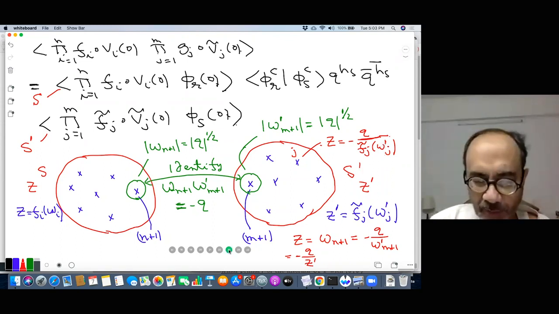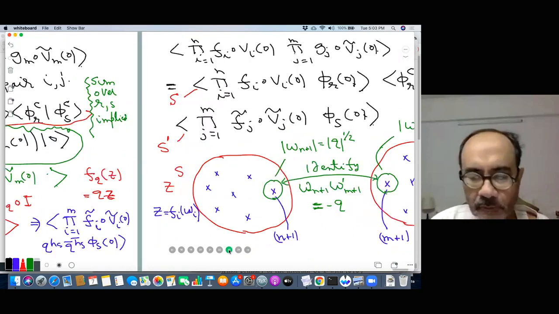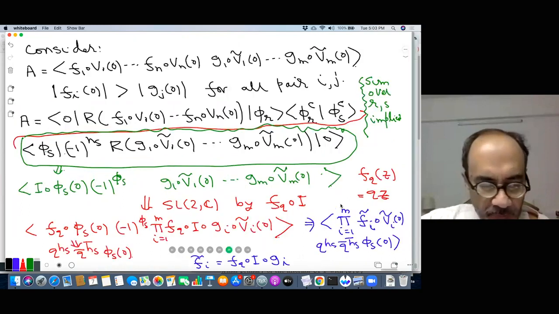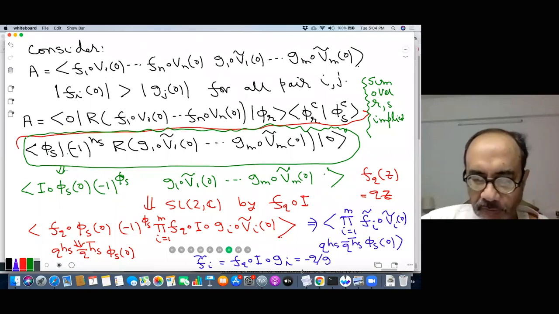Let's go back to the definition of f tilde j. You see, f tilde j is here, right? Let's complete this. This is minus q over g_i. So minus q over f tilde i is nothing but g_i.